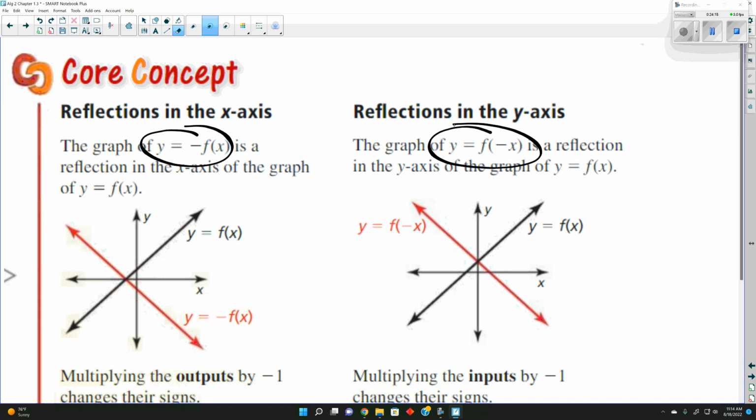For when it's a reflection across the x-axis, we are using the form of y equals negative f of x. When it's a reflection across the y-axis, we're going to be using y equals f of negative x.